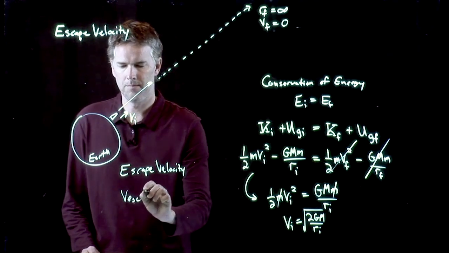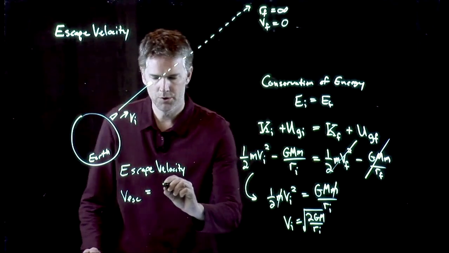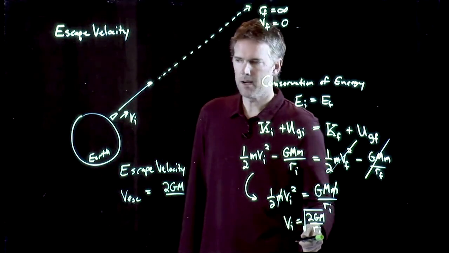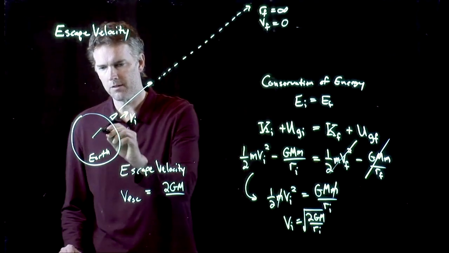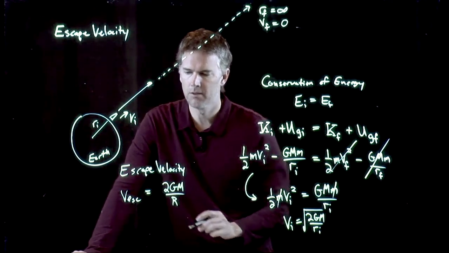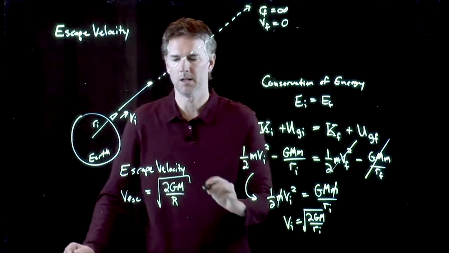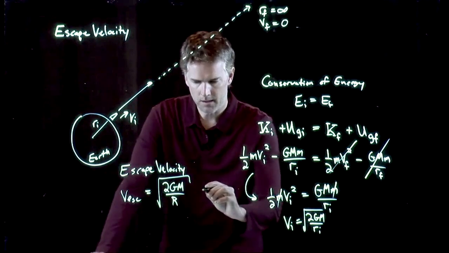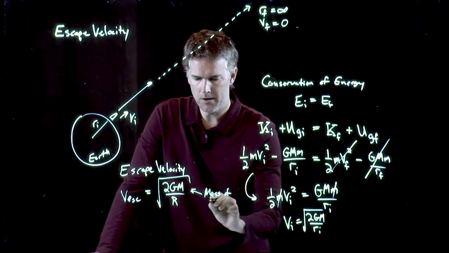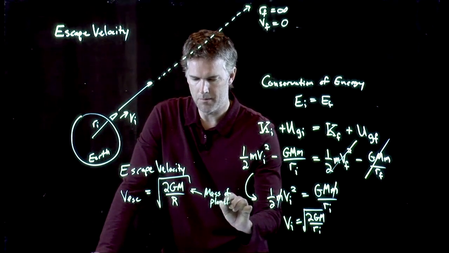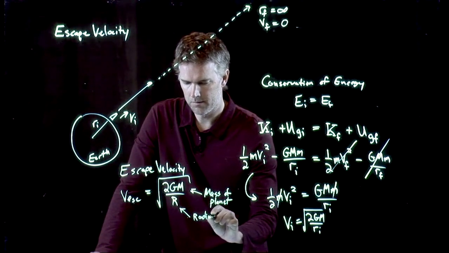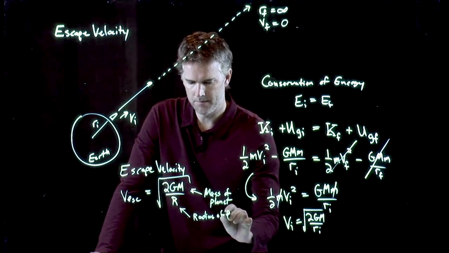V escape is the square root of 2G big M over R sub I, but R sub I is the radius of the planet. M is the mass of the planet that you're on. If it's the Earth, then it's the mass of the Earth. R is the radius of the planet.